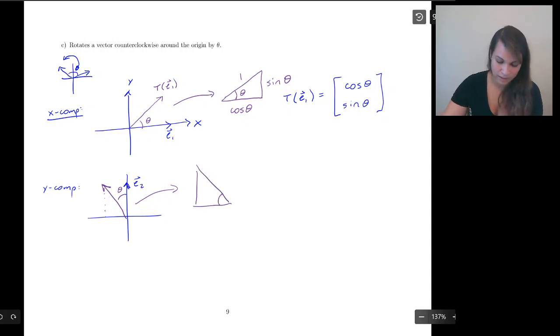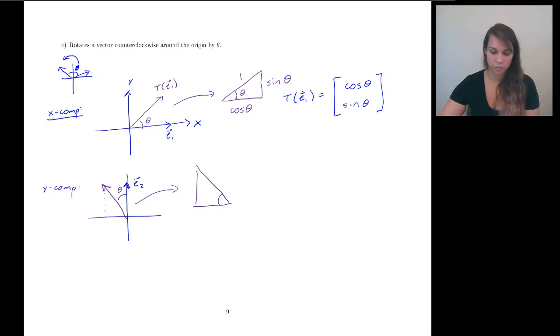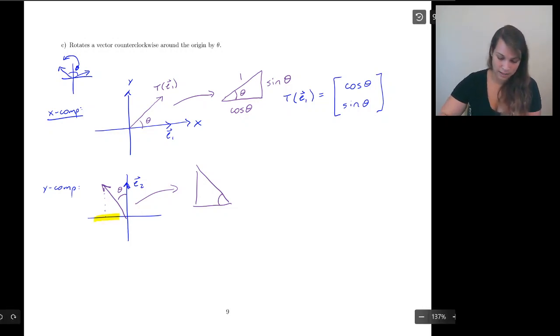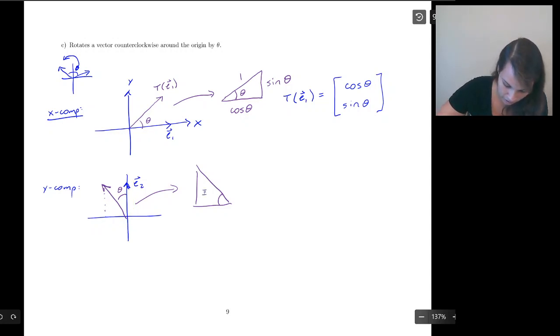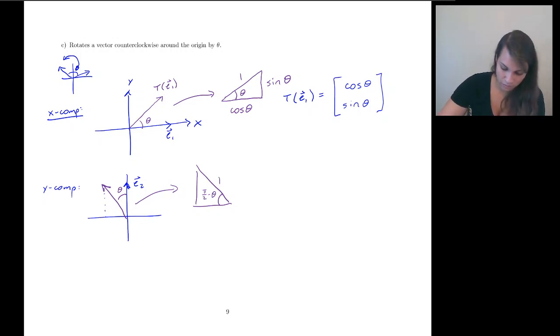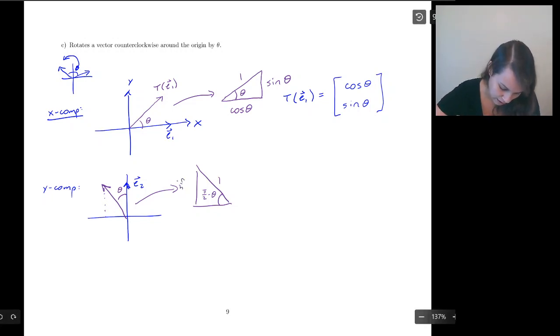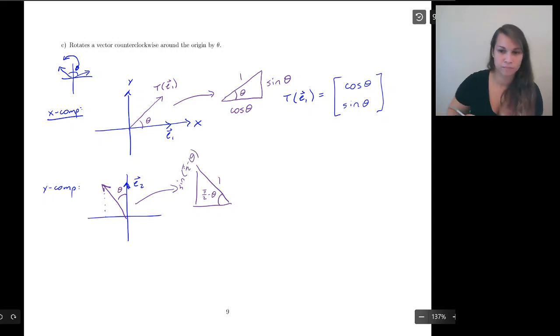So what angle is inside? Remember, we have a right angle here. And so the angle inside is going to be pi over 2 minus theta. Hypotenuse is 1. So then this side, the opposite side, is sine of pi over 2 minus theta.